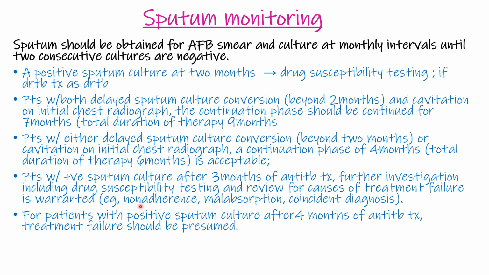For example, the patient has a GI problem leading to malabsorption, or the patient is not adherent to the drugs, among other factors. So for patients with positive sputum culture after 4 months of anti-TB treatment, you presume it as treatment failure. I hope you have really understood up to that point. The slides are very self-explanatory. You just need to stay and read if you have not understood.